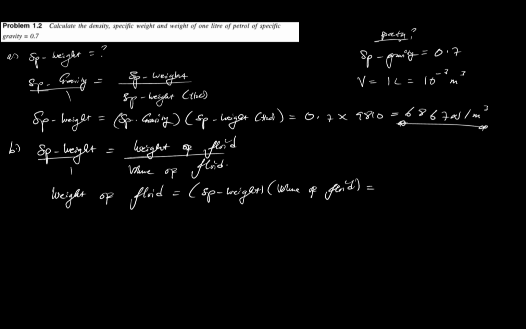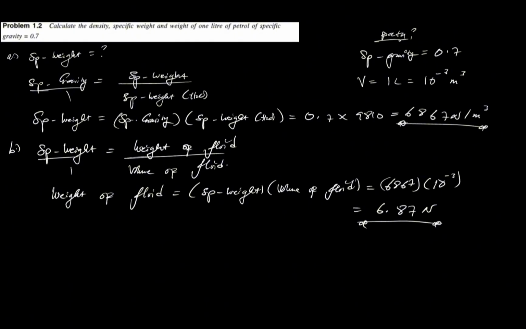The specific weight that we found earlier was about 6,867. Having this multiplied by 10 to the minus 3, we end up with a weight of 6.87 newtons. So that is basically the weight of the fluid.